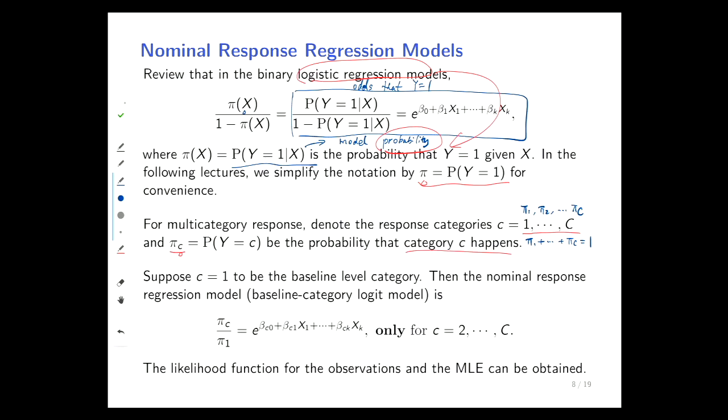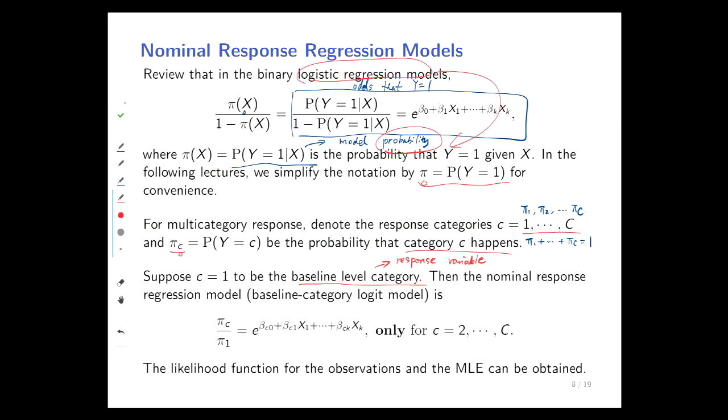The next part is to talk about the baseline level for the response variable. That's something new: the baseline level category. But this is for the response variable, not for the explanatory variable. So it's totally different from the way we consider indicator variables to deal with the categorical explanatory variable case.